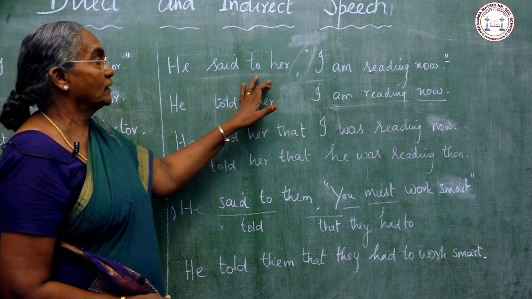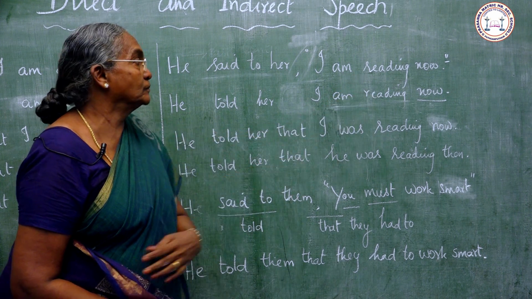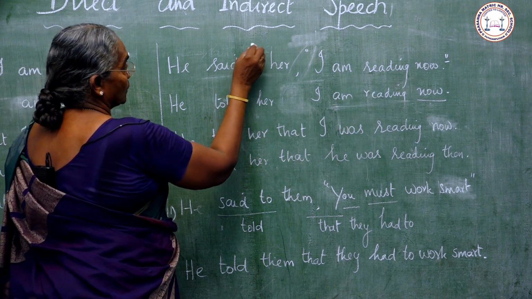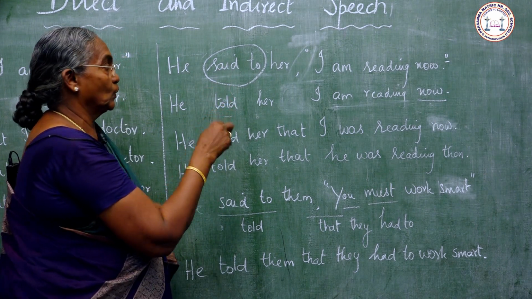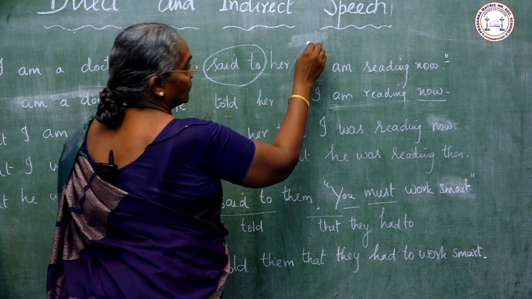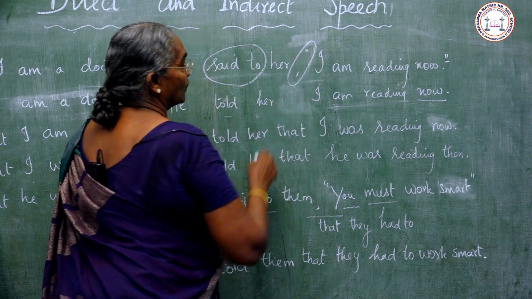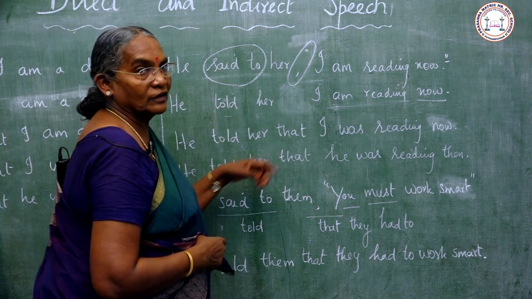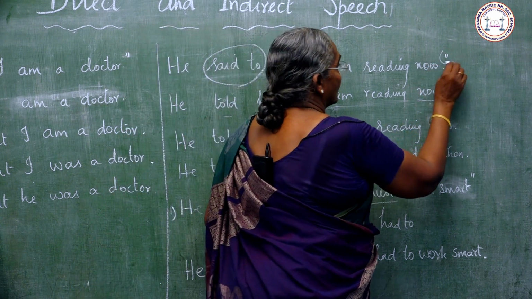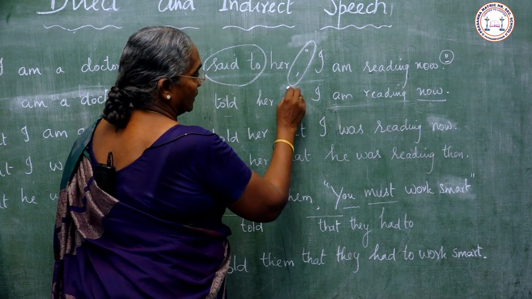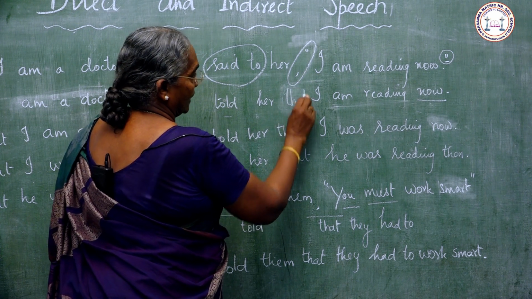He said to her, I am reading now. Here said to changes into told. Then what is the conjunction we add here? We remove the comma and quotation mark, and we add the conjunction that.